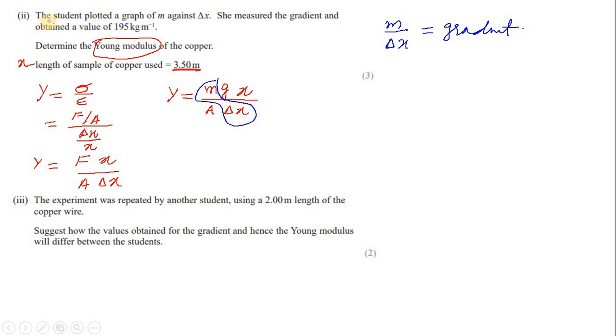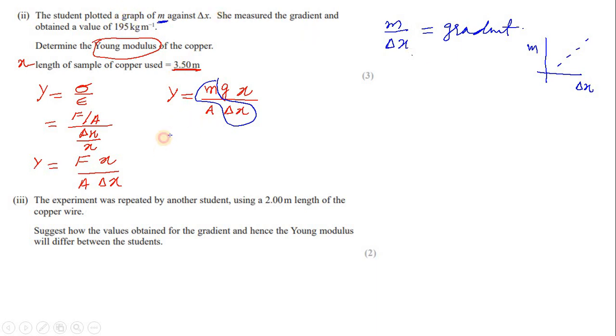As per the question, the student plotted a graph of mass against Δx. That means on the y-axis the student took mass, and on the x-axis Δx, and from the line you have the gradient. So this is m upon Δx, which is the gradient.